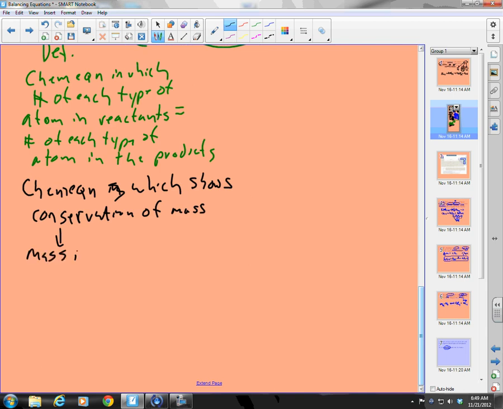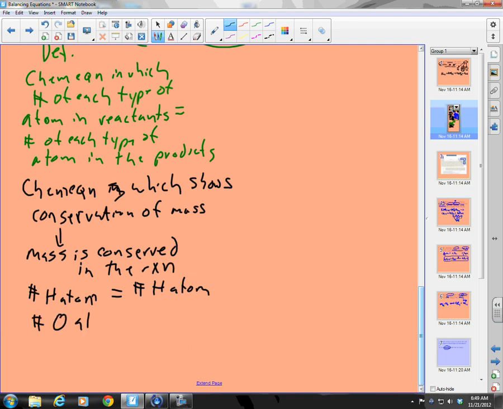Mass is conserved. So this is an equation which shows that mass is conserved in the reaction, and specifically, for instance, the number of hydrogen atoms in the reactant side equals the number of hydrogen atoms in the product side. If there are oxygen atoms in the reactant side, it equals the number of oxygen atoms in the product side, and so forth. That is a balanced equation.